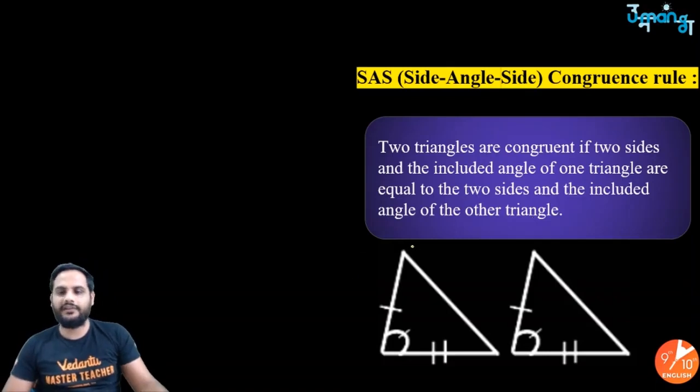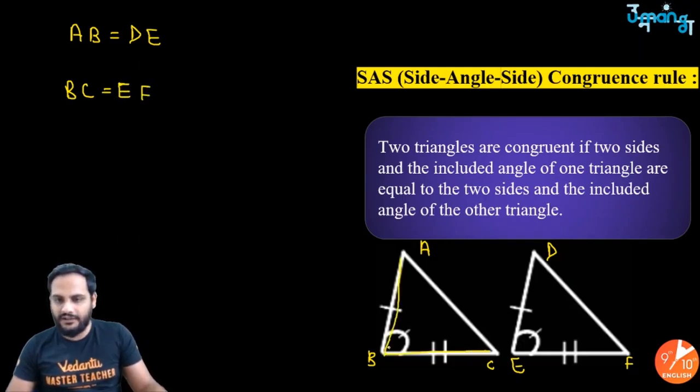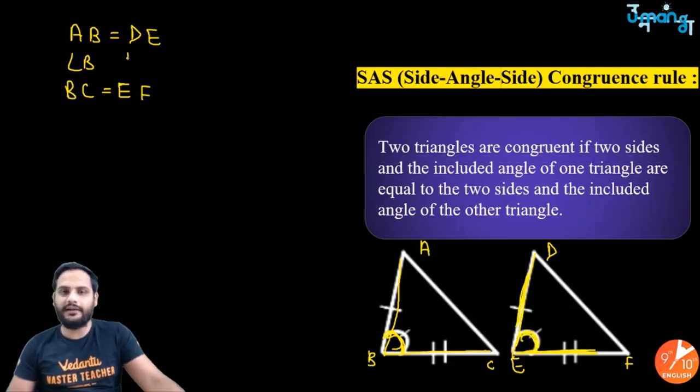For example, if it is ABC and here DEF, the information is given that AB is equal to DE, right? And BC is equal to EF is given. And between AB and BC you have angle B, and between DE and EF you have angle E. So it should be the included angle, and that also is given equal.